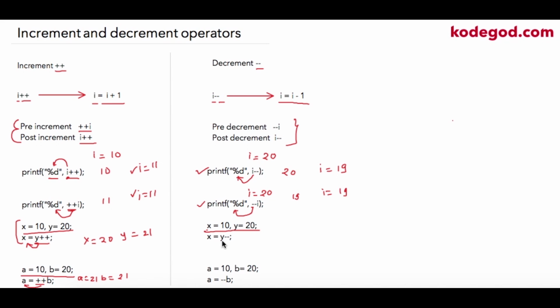When I write x is equal to y minus minus, current value of y will be stored into x, so x will be 20 and then y will become 19. Similarly, if a is equal to 10 and b is equal to 20, decremented value of b will be stored in a, so a will become 19 and b will be 19.